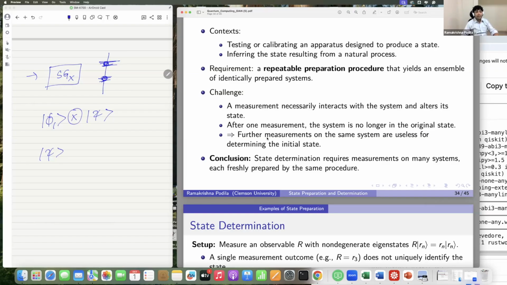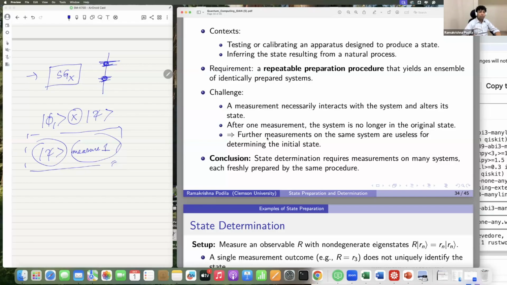If I prepare the particle in state psi and make measurement 1, then now my particle state is psi times measure 1. So if I make the second measurement, then I'm going to get a different result, right? That's why what we need is state determination from multiple measurements. So that's why we make identically prepared systems.